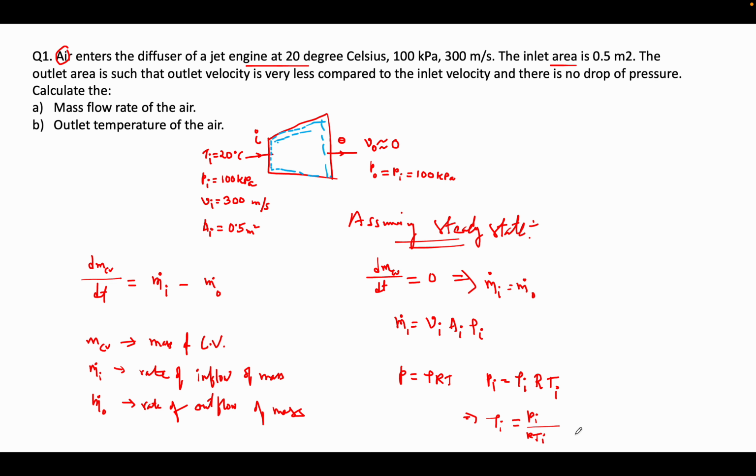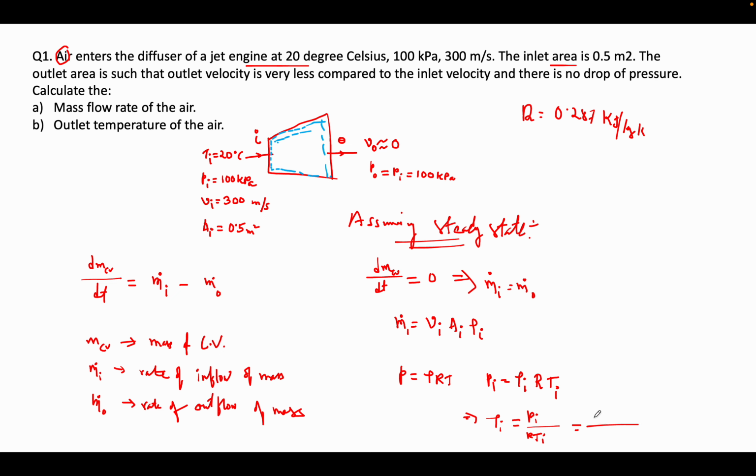Now we have P i, we have T i. Now we need R. And I think you have memorized the value of R for air. The air R value is 0.287 kilojoule per kg Kelvin. So we'll put it here.